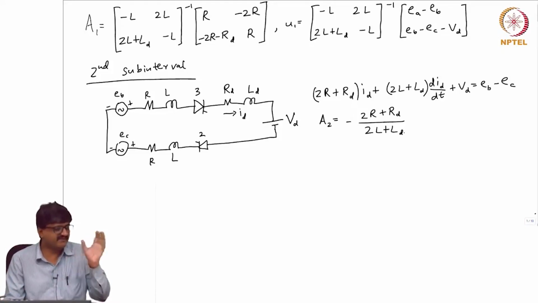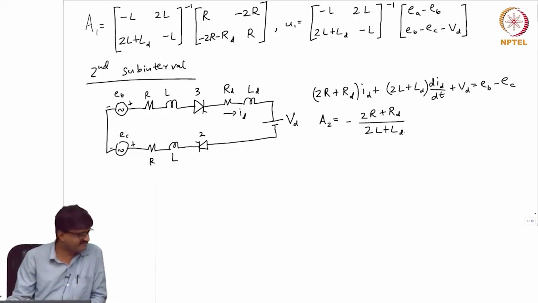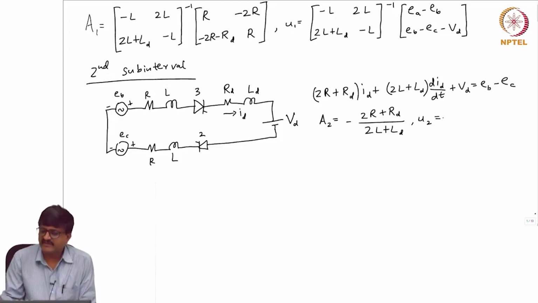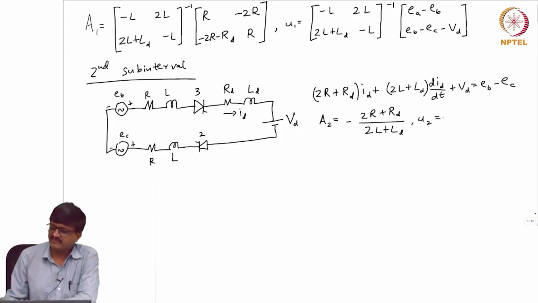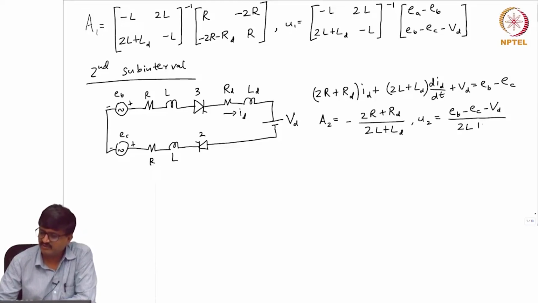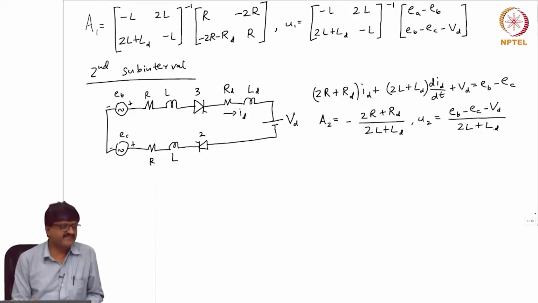The standard form is the derivative of the state variable on the left hand side, that is dID by dt, and the rest of the terms on the right hand side. And U2 is just the remaining term on the right hand side, that is EB minus EC minus VD divided by 2L plus LD. So, you have got everything except F and G.